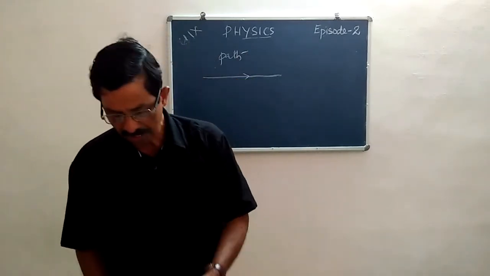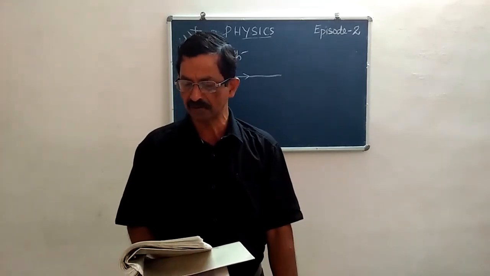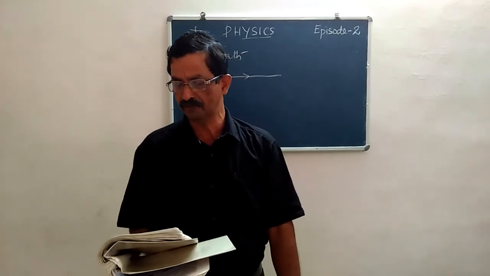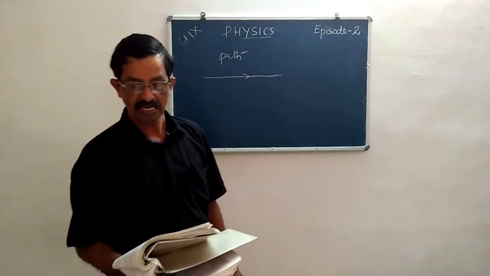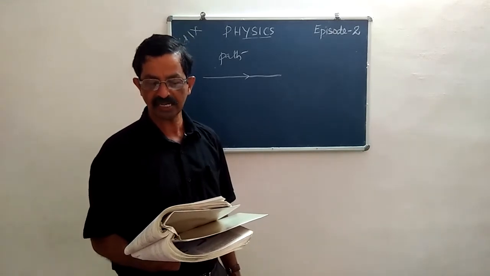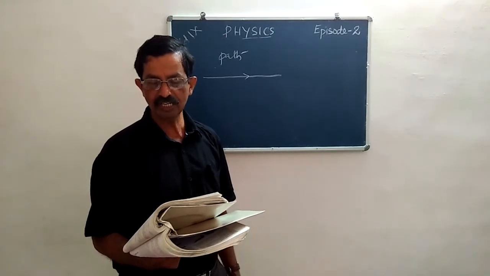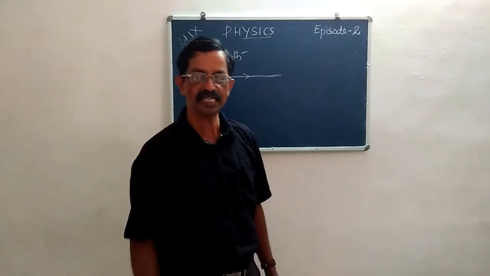And the fourth one: during an experiment, a signal from a spaceship reached the ground station in 5 minutes. What is the distance of the spaceship from the ground station? The signal travels at the speed of light, that is 3 into 10 raised to 8 meter per second.